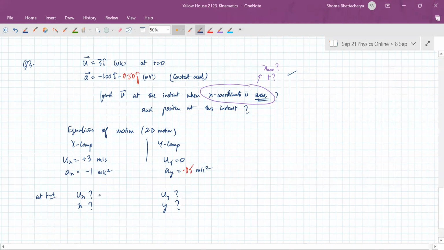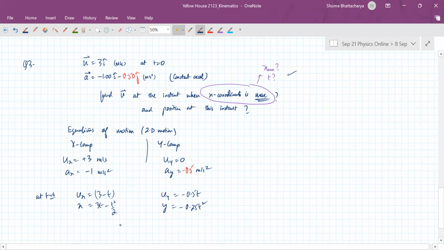Yes. So Vx as a function of time will become 3 minus t, and the x coordinate as a function of time will become 3t minus t square by 2, and Vy as a function of time will become minus 0.5 t, and the y coordinate as a function of time will become minus 0.25 t square.